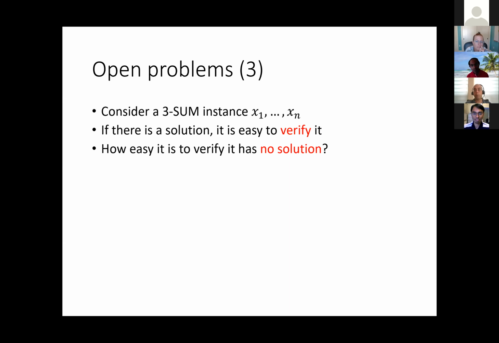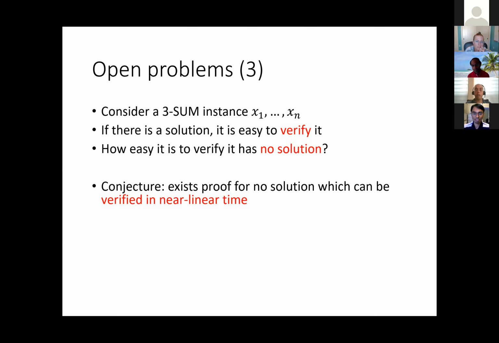What about the co-NP complexity? How easy is it for me to verify that it has no solution? Let me make a conjecture, and I'll try to explain why I believe this is true: that there should be a proof that there is no solution that can be verified in near linear time.